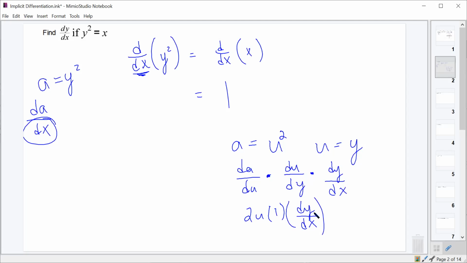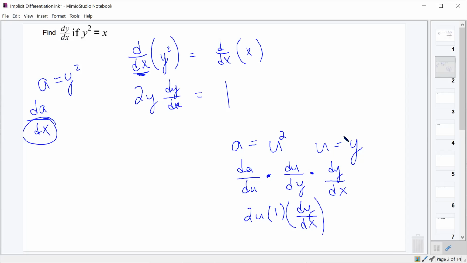And so anytime we do this, we're going to end up with a dy dx term at the end. So we got 2u, which is just 2y, dy dx. And anytime we take the derivative of a y term with respect to x, we're just going to end up with a dy dx term attached to it.